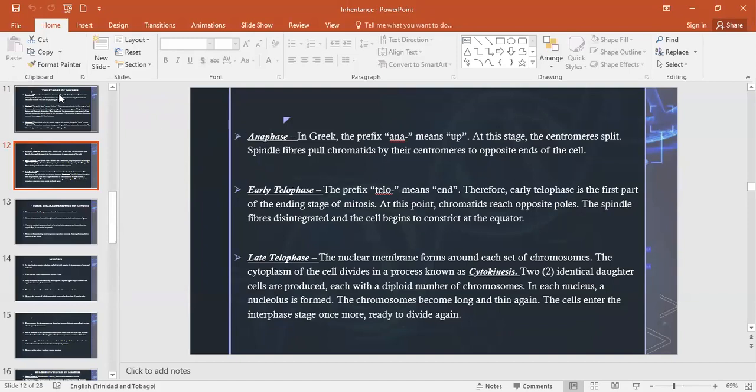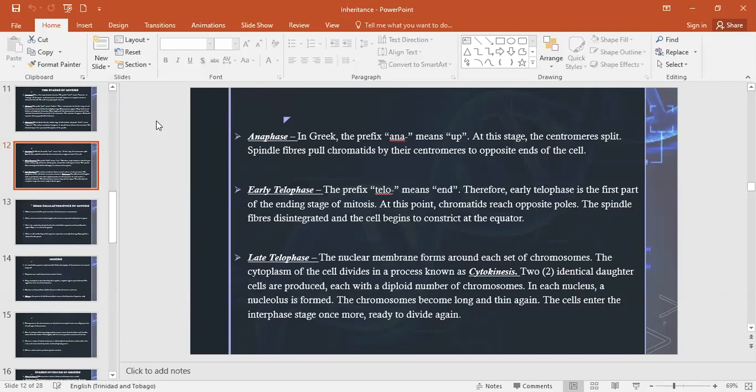First I'll start with anaphase. Anaphase will only happen after metaphase because meta means adjacent, so they're all next to each other, and then ana means up. All right. So therefore, after the chromosomes have lined up next to each other along the equator, then in anaphase, this is where the centromere split, and only here is when the spindle fibers will pull the chromatids at their centromeres in order to get them to the opposite end.